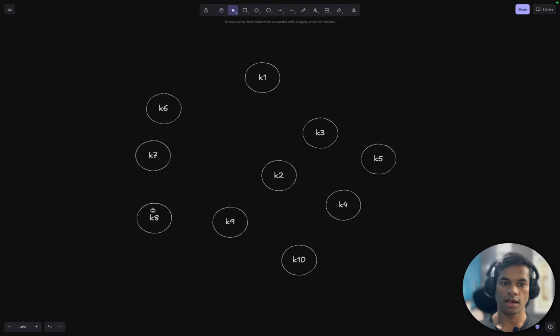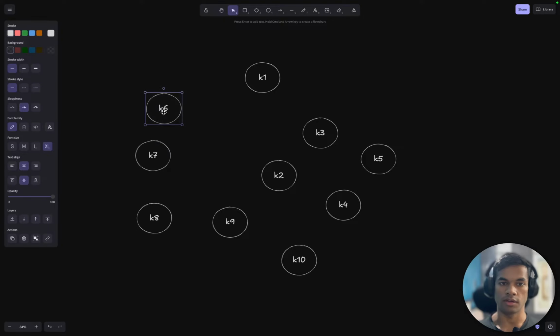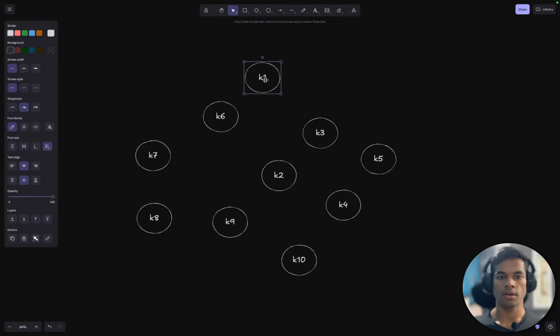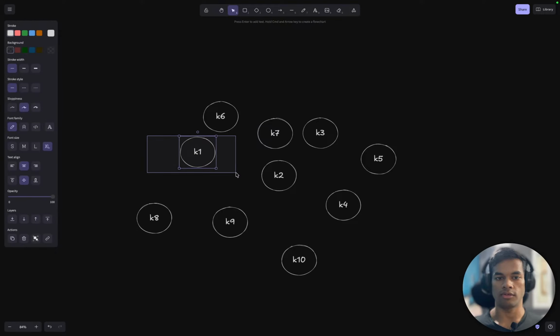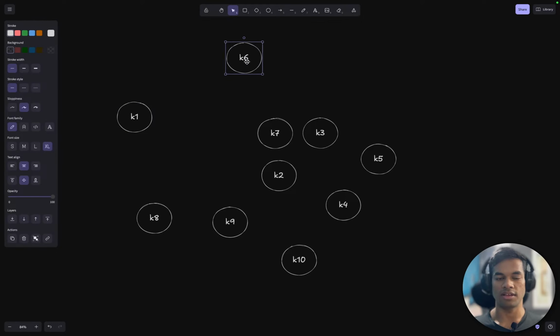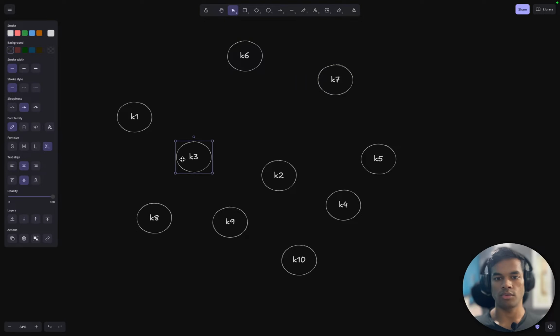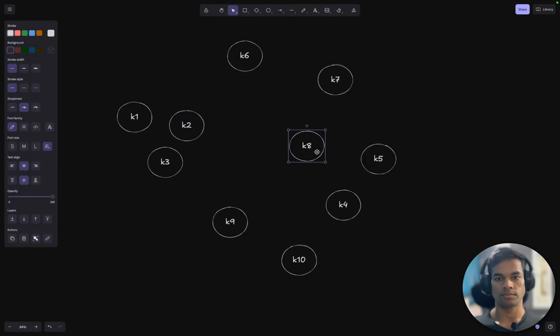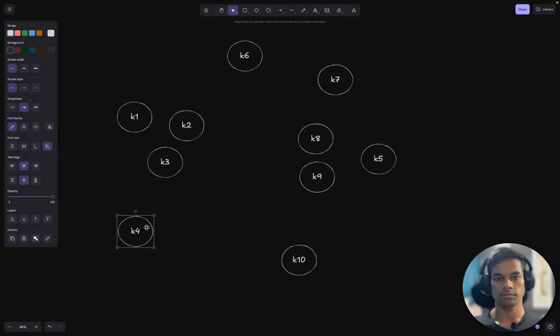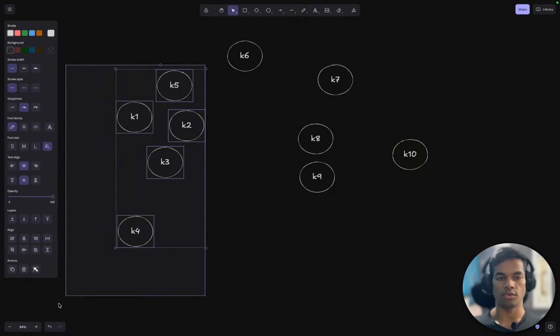Let's say we have this node 6 at the root. Then let's say we have node 1 here and all the rest of the nodes. When we chose this thing as a root, the tree is now divided into two trees: all the things that go to the left and all the things that go to the right.